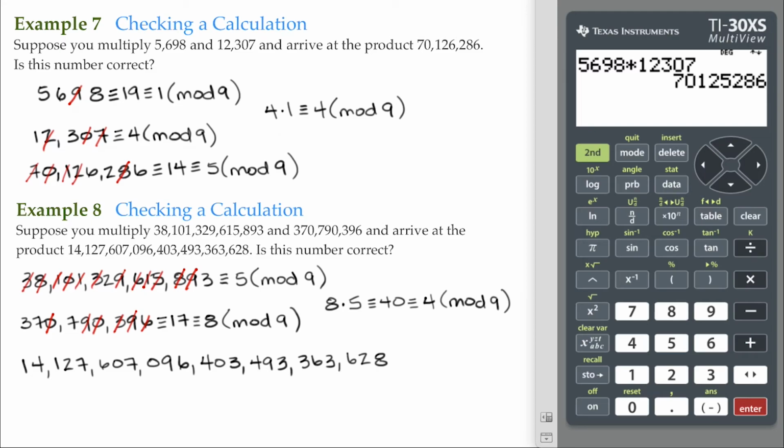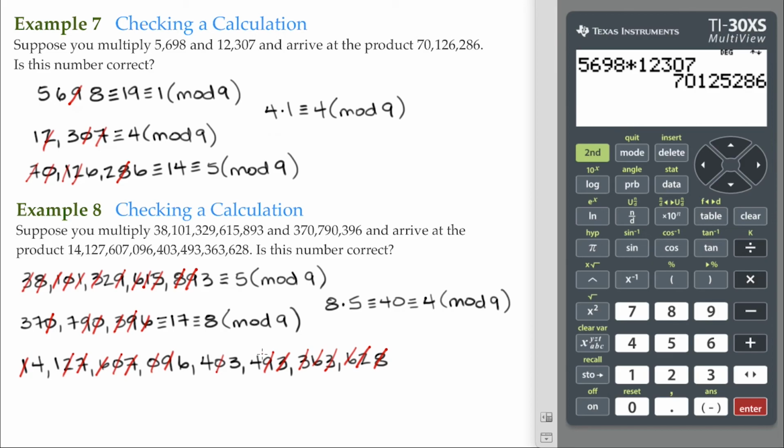So here we go. We'll get rid of the zeros and the nines. And then anything that sums up to 9, I've got an 8 down here and a 1 way over here. Here's 7, 8, 9 right there. Here is a 7, 8, 9 down here. 6 and 3 makes 9. 6 and 3 again makes 9. Here is a 6 and a 3 right here.